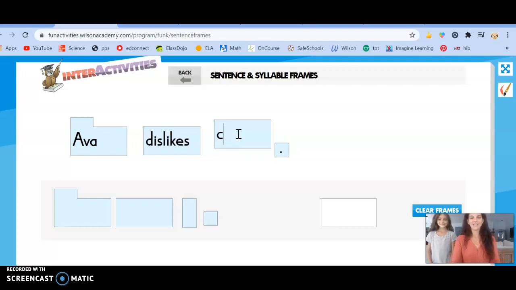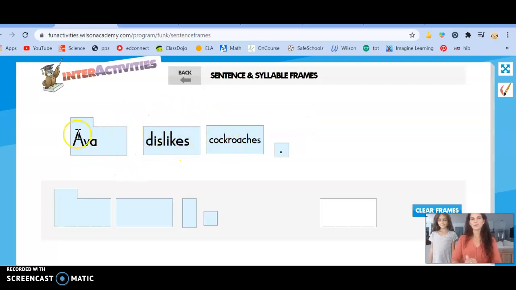Ava dislikes cockroaches. I think I spelled that wrong. Yes, I did. Oops. It went up in the air. I want to move it. Okay, so Ava dislikes cockroaches.